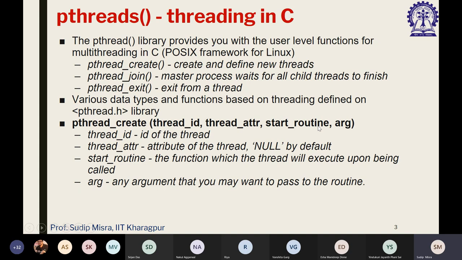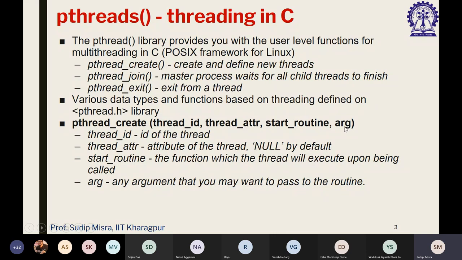This is what you want to do. So that function, the name of the function, is going to be the third argument. And finally, arg basically is any argument that you may want to pass to the routine. Sometimes this routine will be taking certain arguments, so these arguments you are specifying over here.